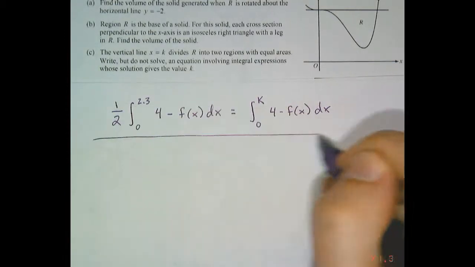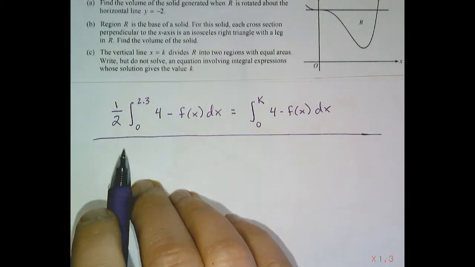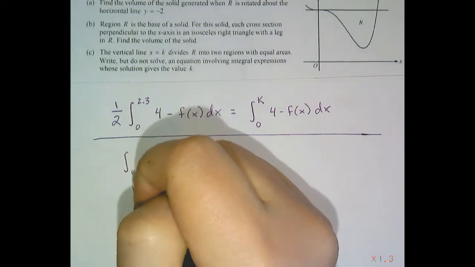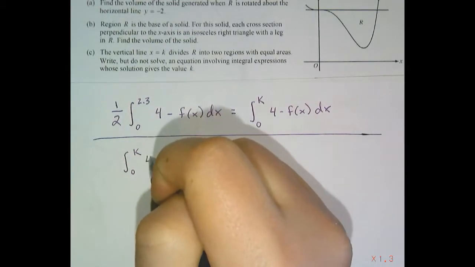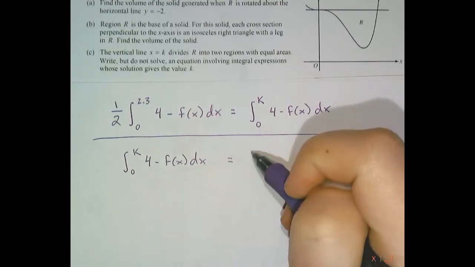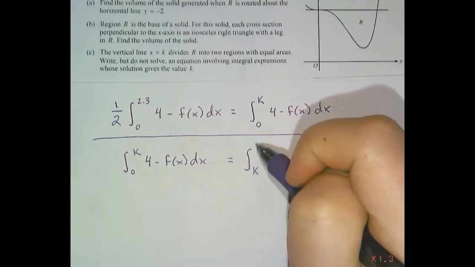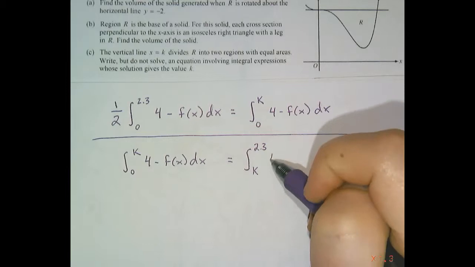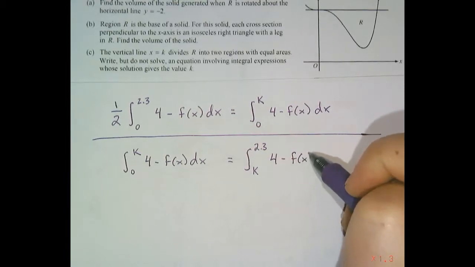Another approach that some people might be inclined to take is to say the area from 0 to K of the region is equal to the area from K to 2.3 of the region.